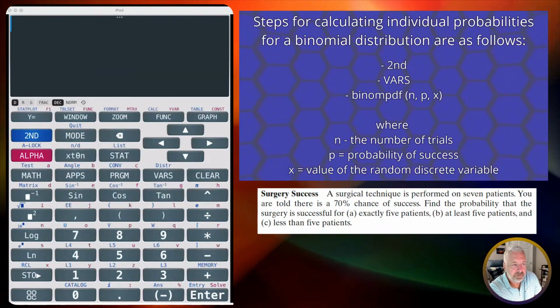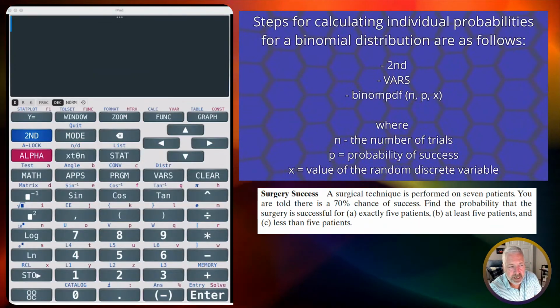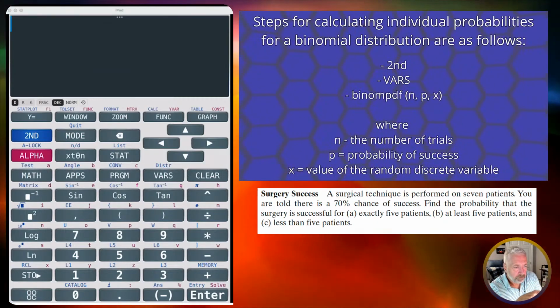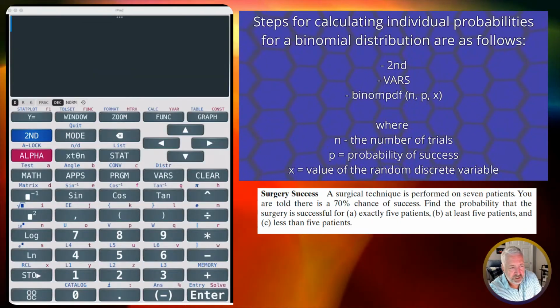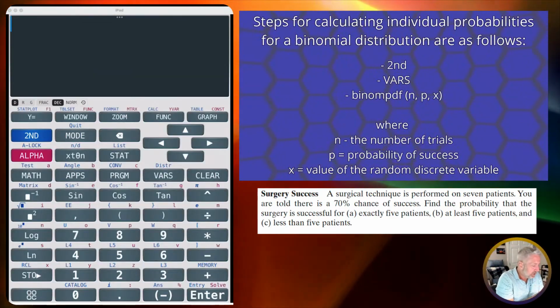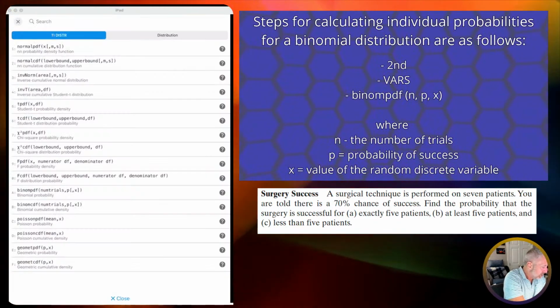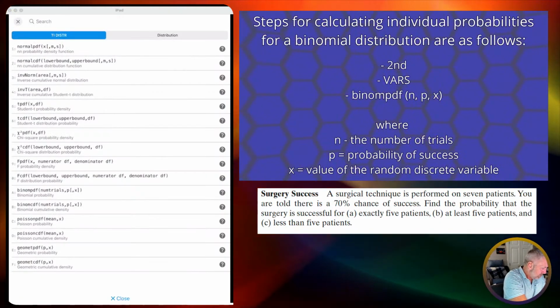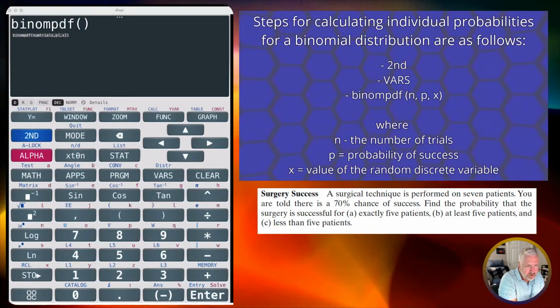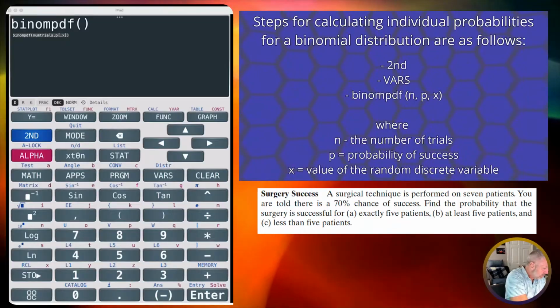Once again, second vars, that brings you to binomial PDF. nPX is the syntax, and you're going to use it for exactly 5 patients. That's easy. So I'm going to go second vars, binomial PDF. My n was 7.